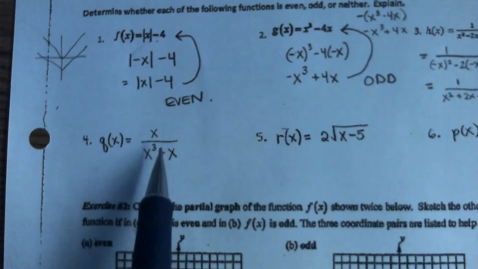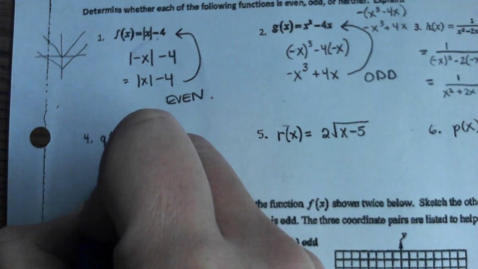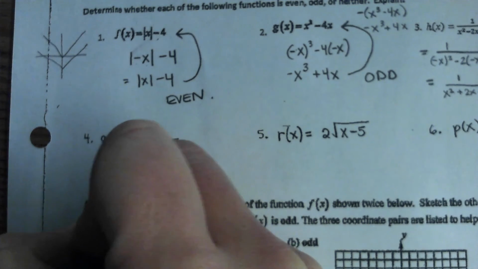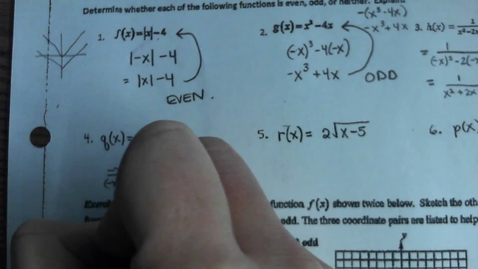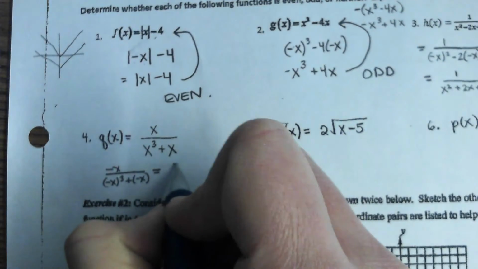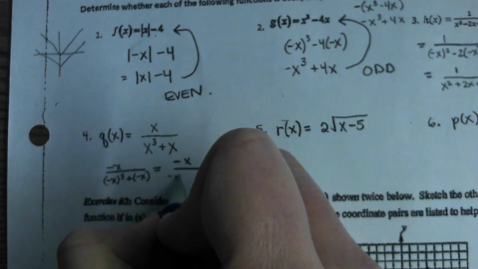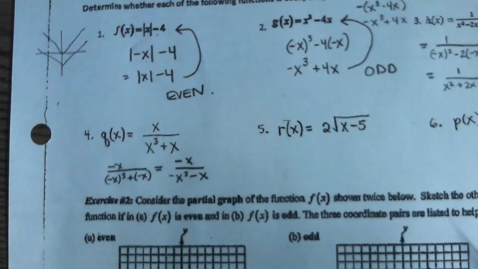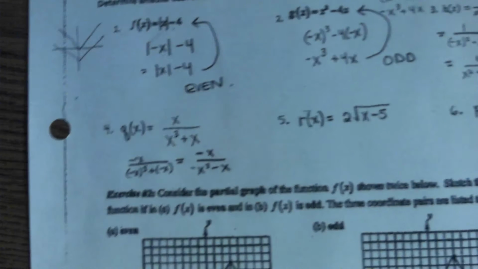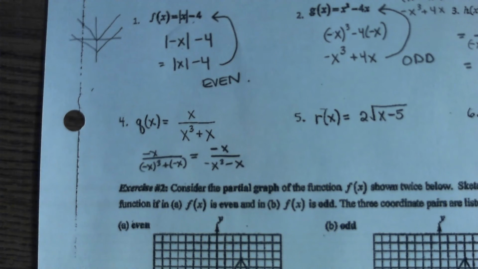Okay, if I plug negative x into this one, that's going to simplify to negative x over negative x cubed minus x. What do you think about this? Even, odd, or neither?